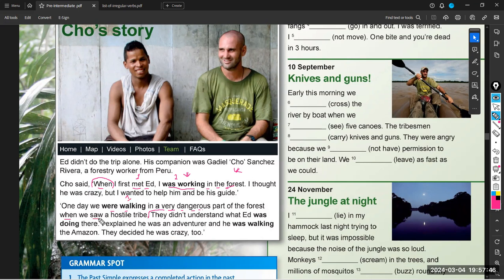And the verb seeing does not accept continuity, so this is simple past. I used "when" because I'm talking about two actions, not only one. And don't forget that here we have "was walking." So I explained he was an adventurer and he was walking the Amazon.